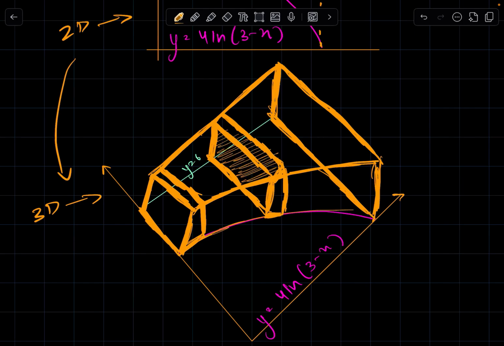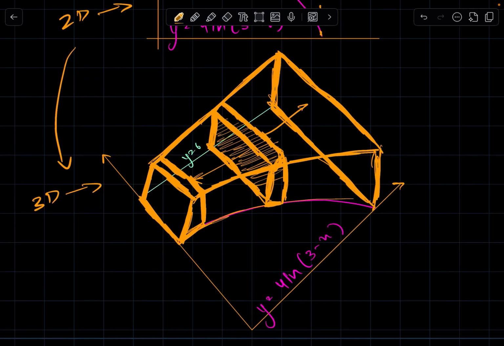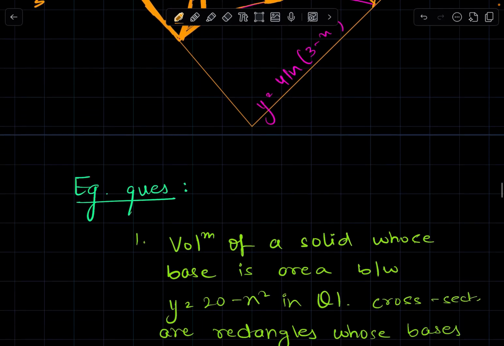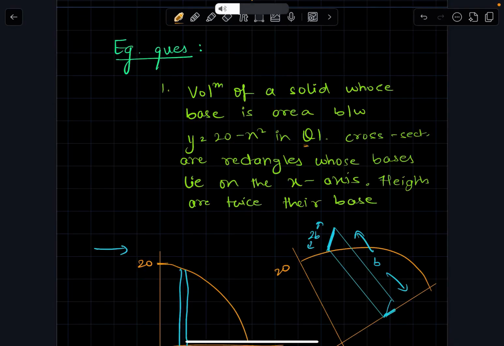We'll calculate the area of one and then we'll integrate it from the limits we are given. We'll integrate the area and find the volume with cross sections of rectangles or squares. We will find the cross sections with other shapes in the following questions, but let's first do some. Okay, so let's jump right into some examples.